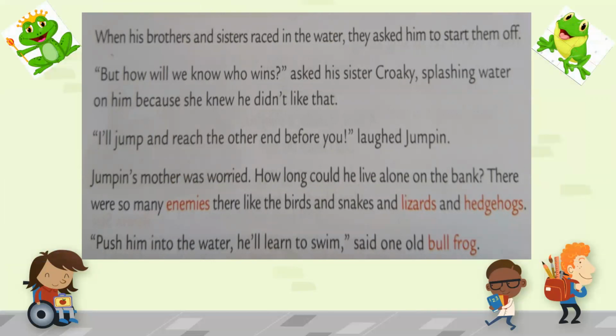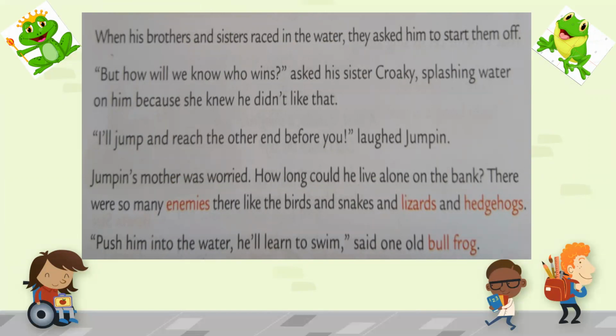"I'll jump and reach the other end before you," laughed Jumpin. Jumpin's mother was worried. How long could he live alone on the bank? There were so many enemies there, like the birds and snakes and lizards and hedgehogs. "Push him into the water. He'll learn to swim," said one old bullfrog.